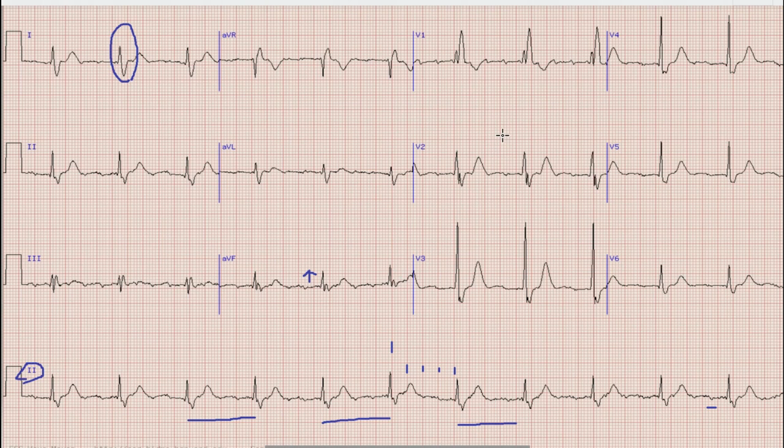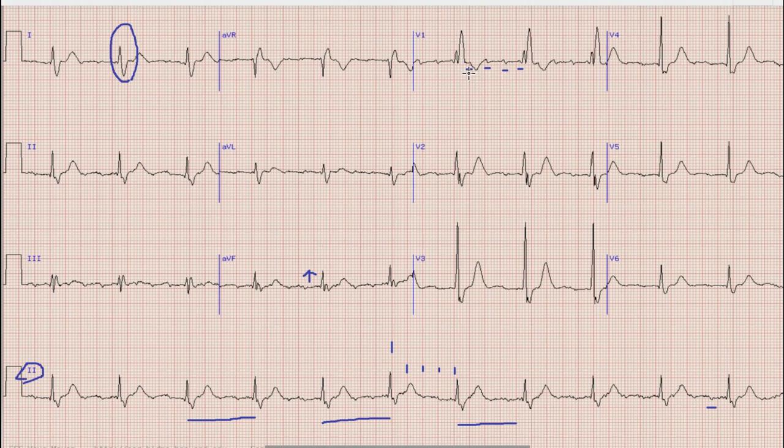Now if we look at lead V1 and we focus there, we can find that there is a P wave before the QRS complex. There is another P wave here. Here after the T wave you can see another P wave, and after the QRS complex you can find another P wave.